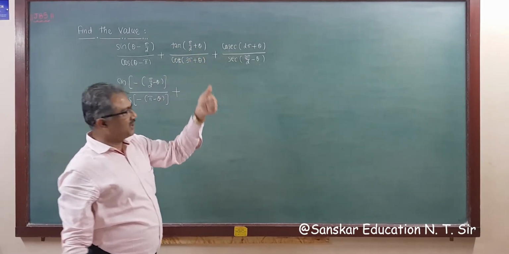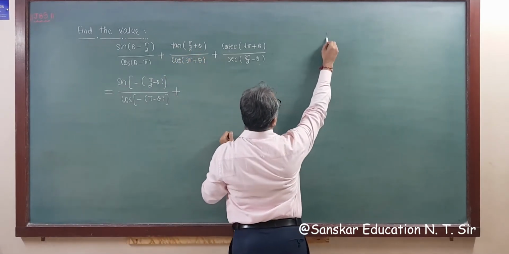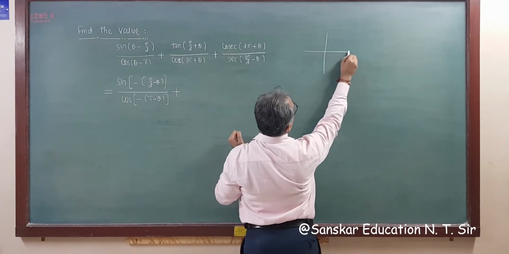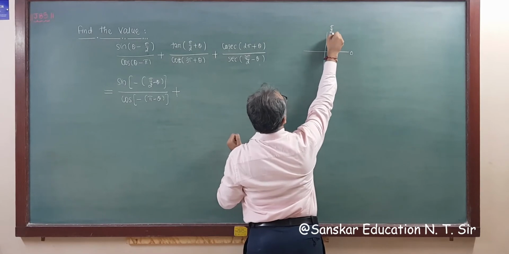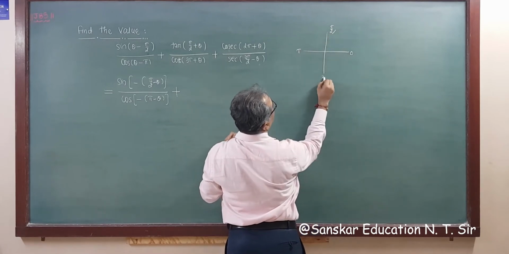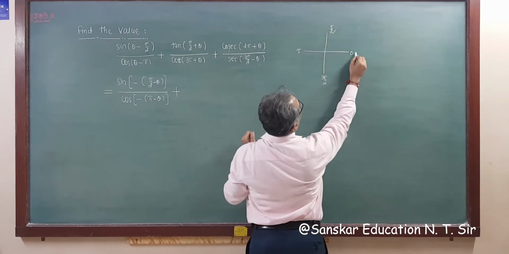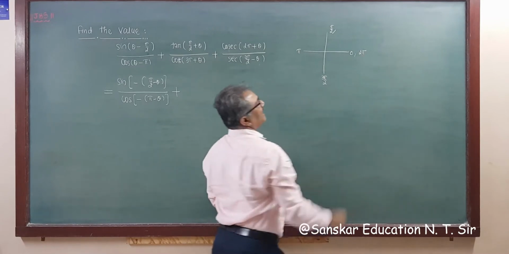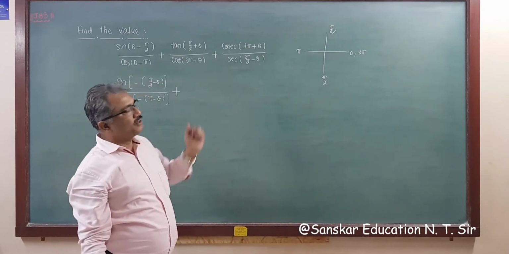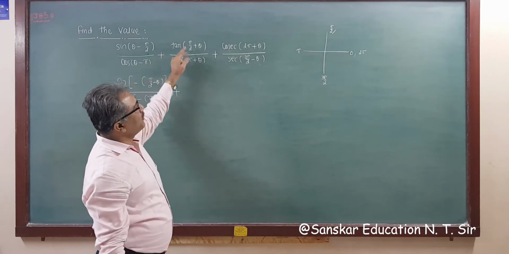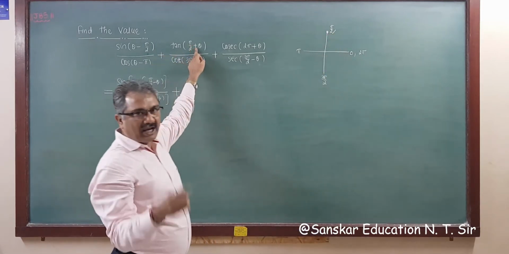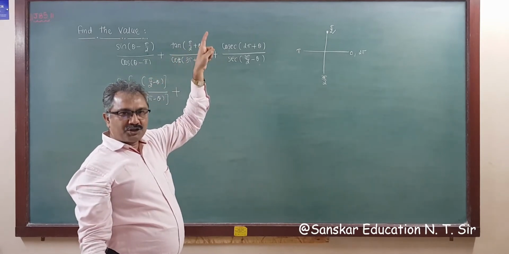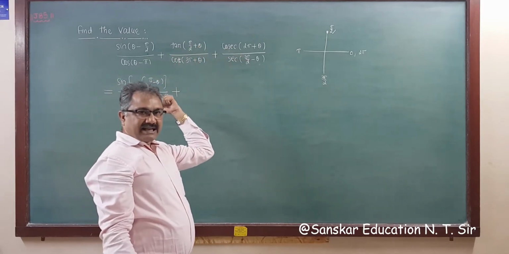Tan(pi/2 + theta) means second quadrant, but I am drawing a circle here. This is 0, pi/2, pi, 3pi/2, and after completing one complete revolution, it is 2pi. Now pi/2 is here, plus theta from the positive y-axis means second quadrant.